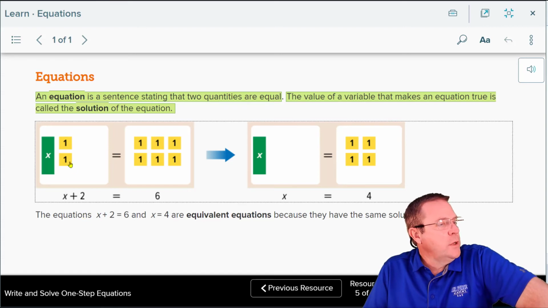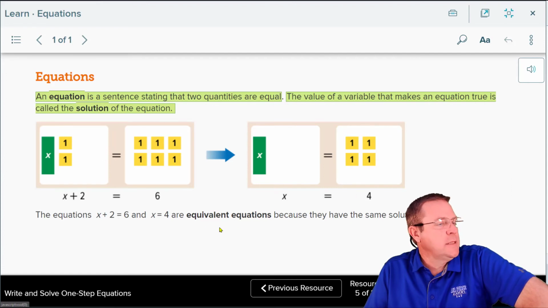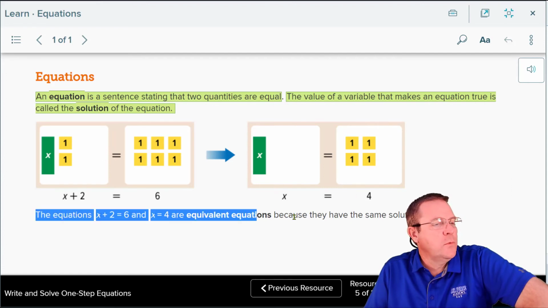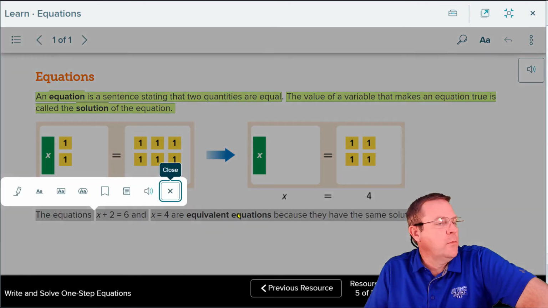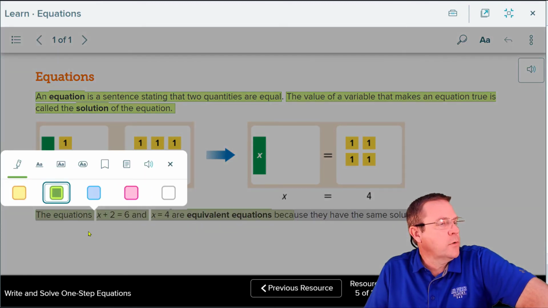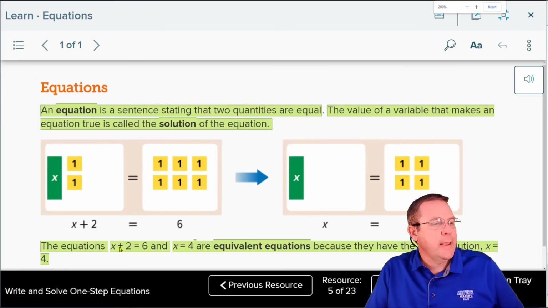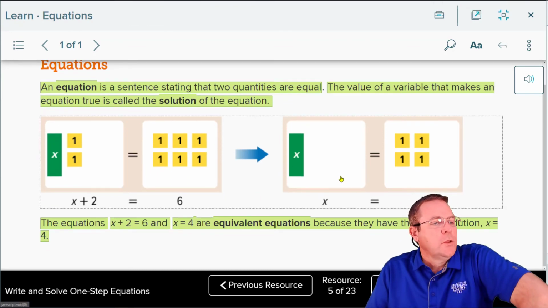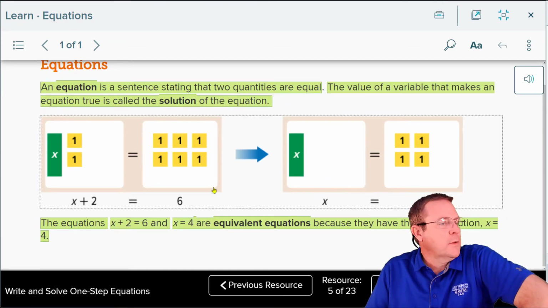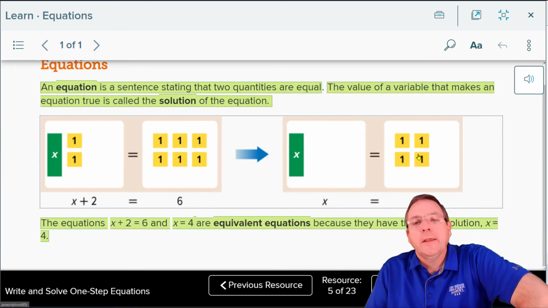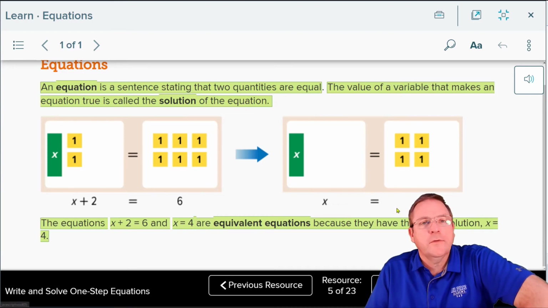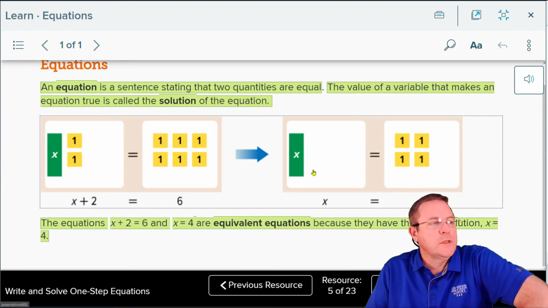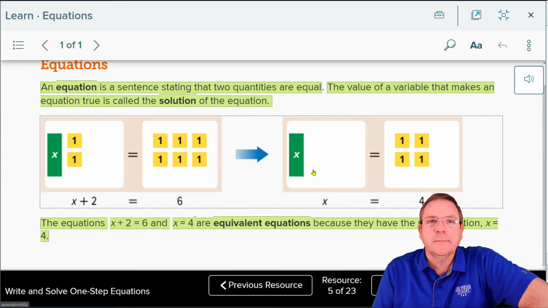We have the equation x plus 2 is equal to 6, and another equation that says x is equal to 4, and these two equations are equivalent equations, another vocab term, because they have the same solution. So if you took this one and solved it down, you would actually get that one. Because both will have the same value for x, they're known as equivalent equations.